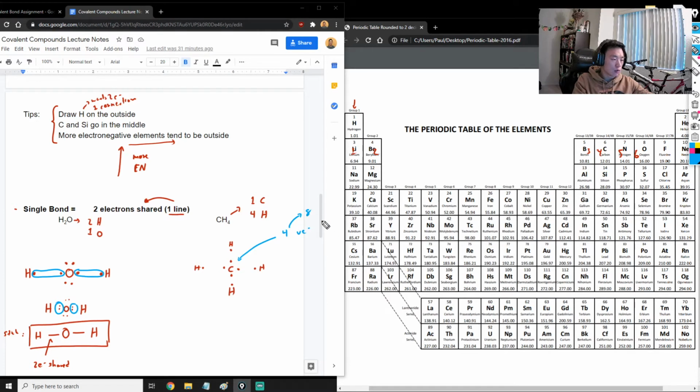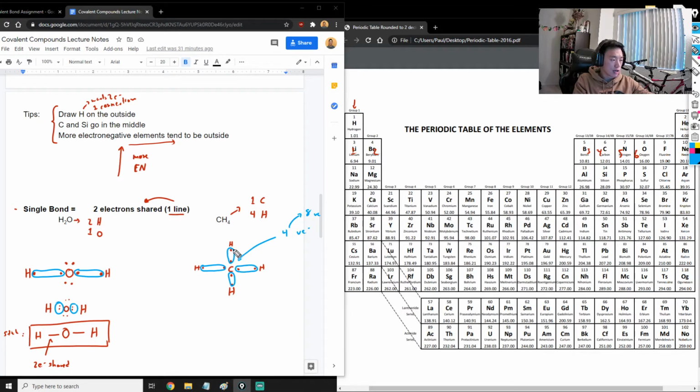And the only way we can get from 4 valence to 8 valence, because this is what the octet rule says, is it's going to share with this hydrogen. Now this hydrogen's happy because it has 2, but this carbon has 1, 2, 3, 4, 5, so it's going to make another connection with this hydrogen. Now this hydrogen's happy because it has 2, carbon has 6, and you kind of get the pattern.